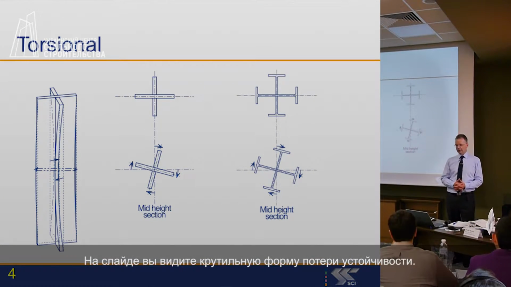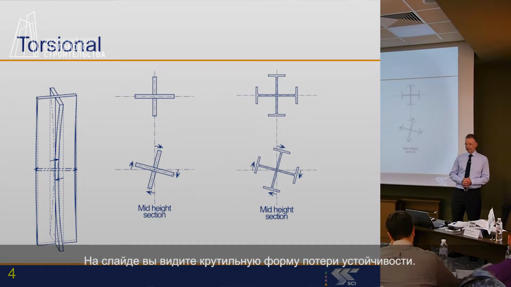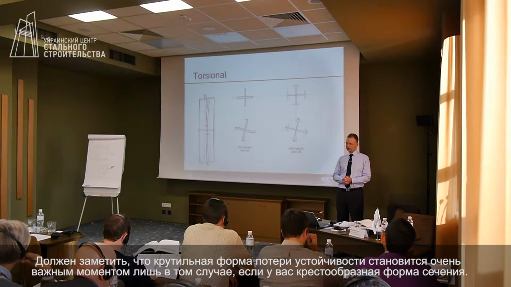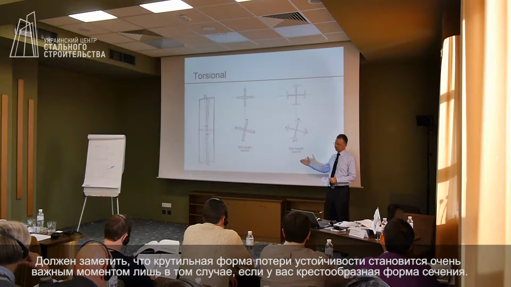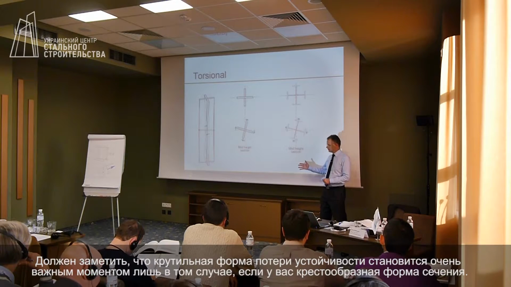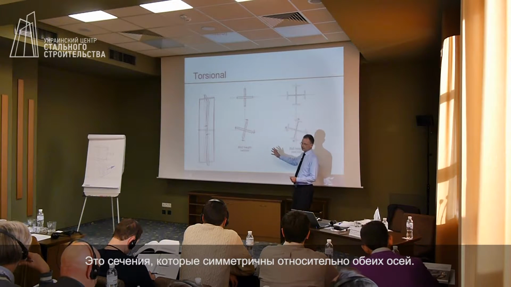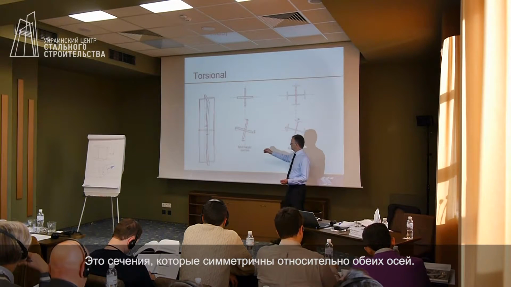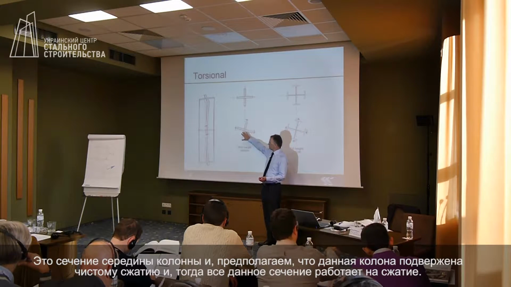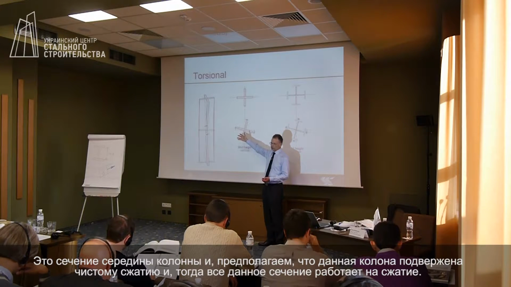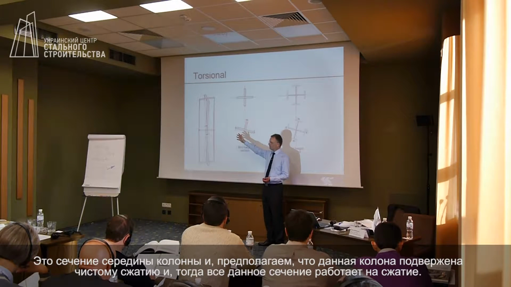This is torsional buckling. You will find that torsional buckling is only critical if you have a cruciform section. So these sections are symmetric in both axes. This cross-section is drawn midway up the column. The column is being subject to pure compression.